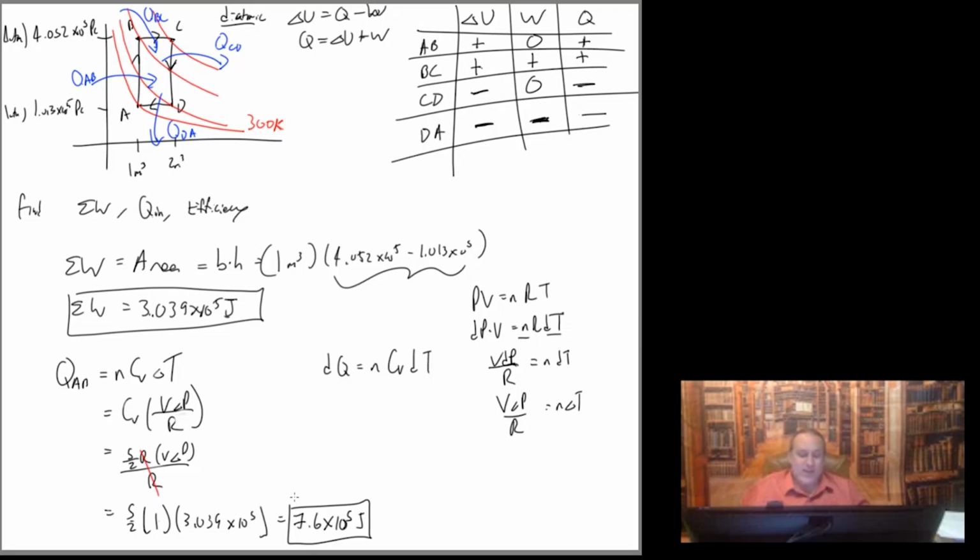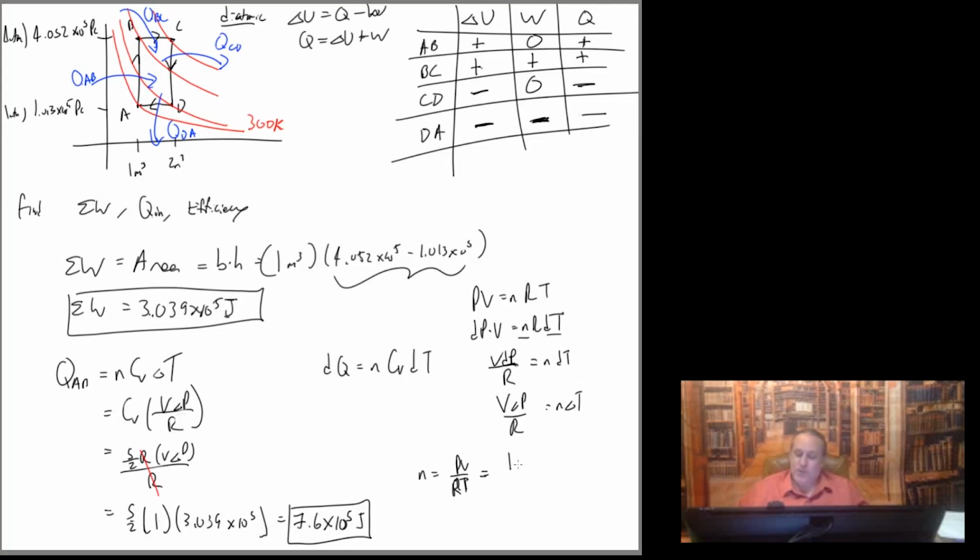Okay, if we wanted to find the number of moles instead, we would say the number of moles is PV over RT. That's just a rearrangement of the ideal gas law. And I could pick any pressure, volume, and temperature I want and work that out. Now, the advantage to what I just did is that I don't need to know the temperature at point B. Let's see what the number of moles is.